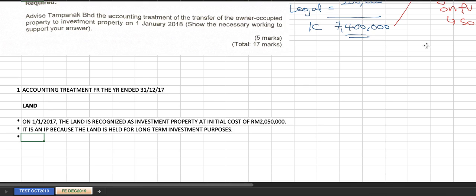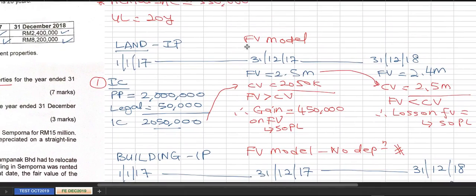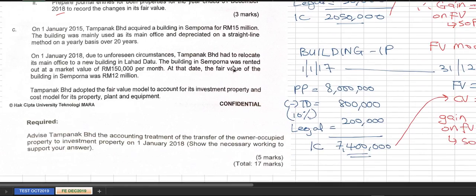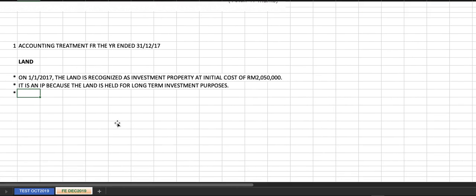Now next one, we are still in 2017 for the land, so we have mentioned this, so we need to talk about what happened here on 31st December 17. So we continue on 31st December 2017. The fair value of RM 2.5 million is compared with the carrying value of RM 2.05 million.